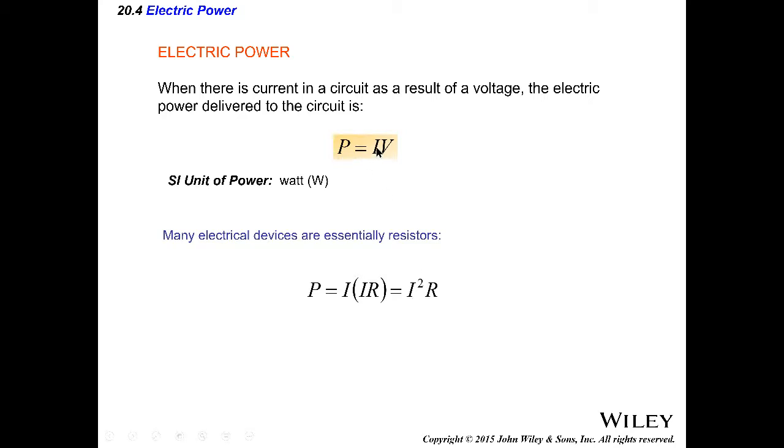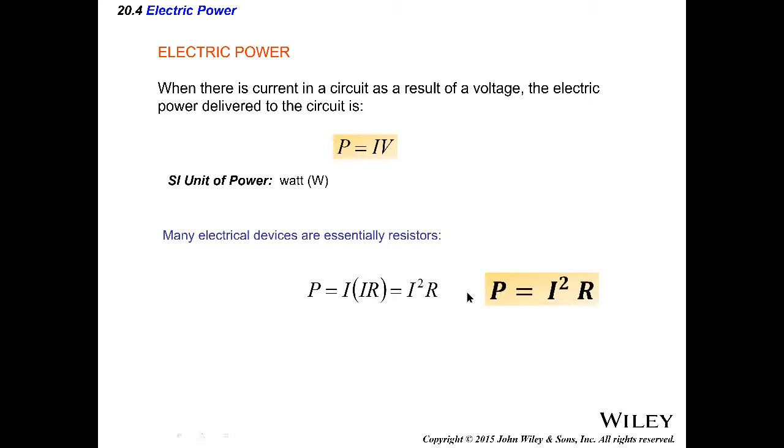You say, yes, it is current times voltage, but since they are related, it is oftentimes more direct to now say the power that is used by my oven is proportional to the current squared that is flowing inside my oven.